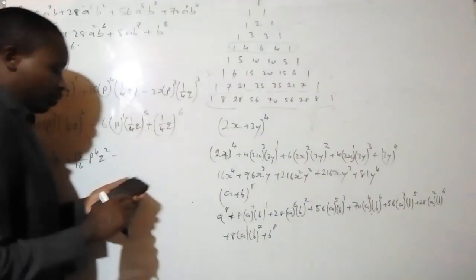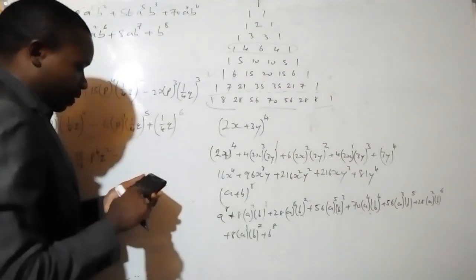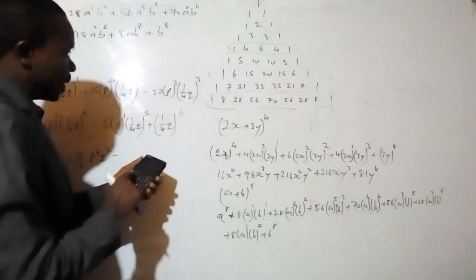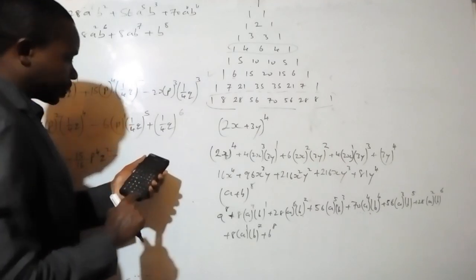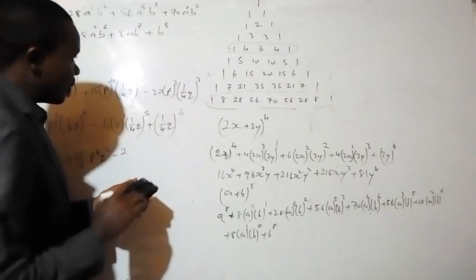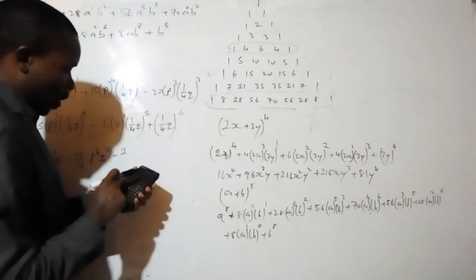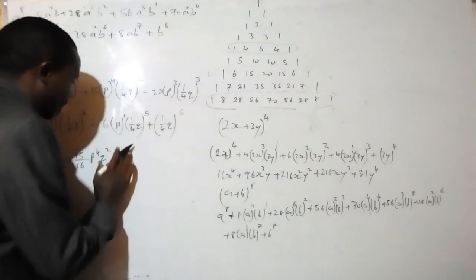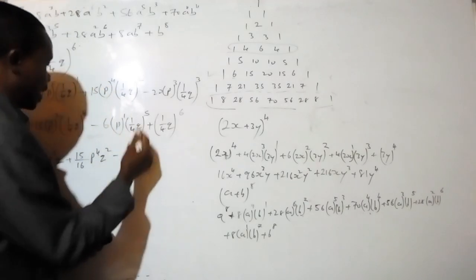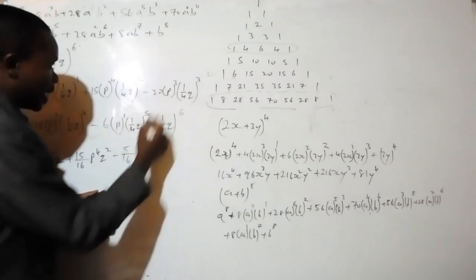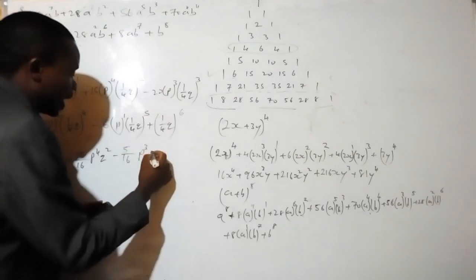It says 64, 4 cubed is 64. Then we say, what is 20 all over 64? 20 all over 64, you get 5 over 16, P raised power 3, then Q raised power 3.